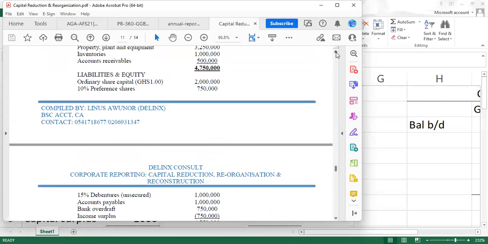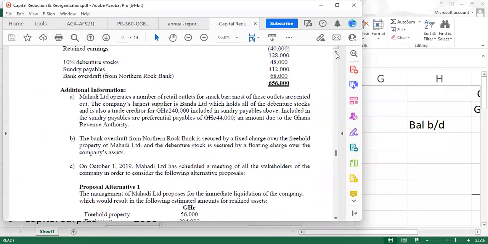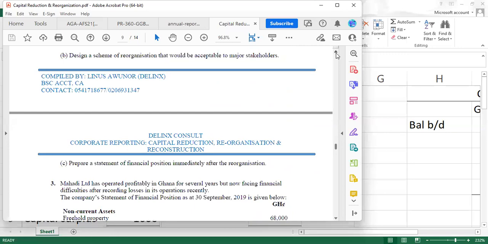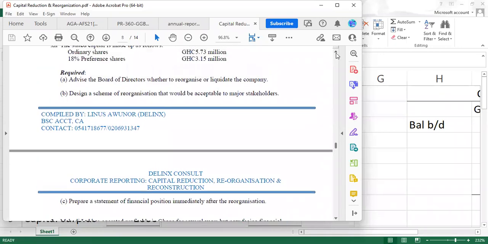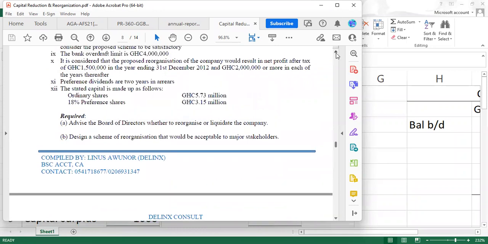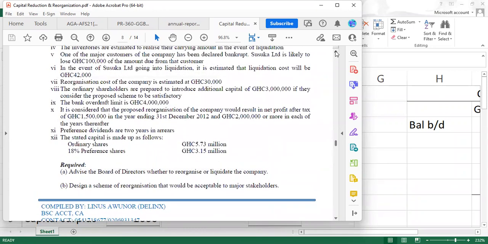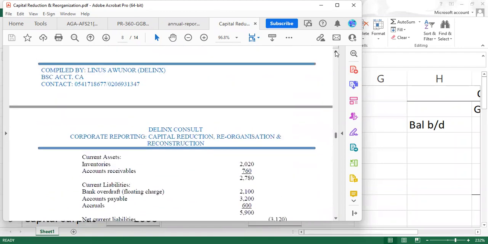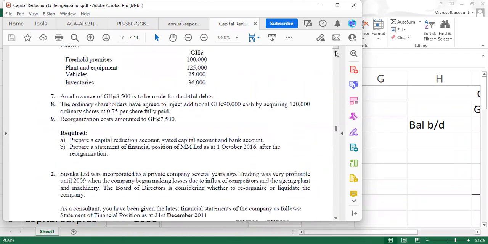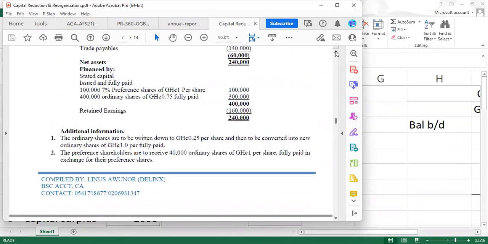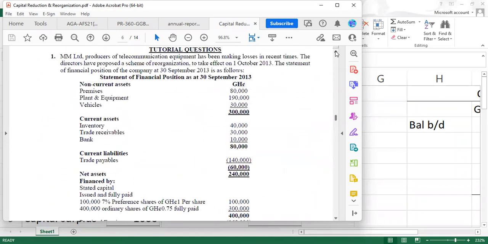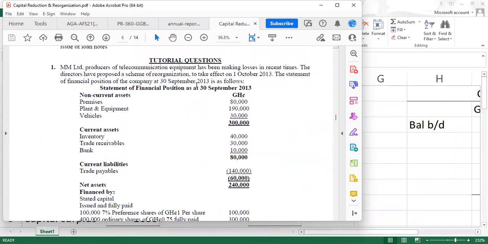I've forgotten the year. What ICAN was doing, the time they were doing corporate reporting before they changed the syllabus, is that they normally bring those questions about capital reorganization to the current exam. They normally bring the old questions. Okay, this one is a past question.